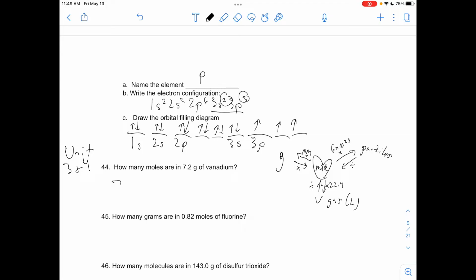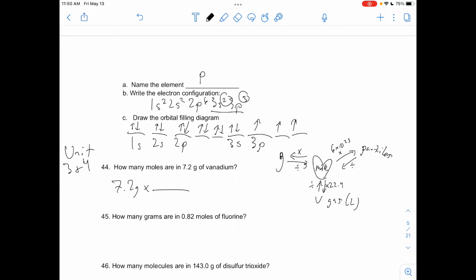So in this case, I have 7.2 grams of vanadium. I'm starting off with grams, which is here, and I want to get moles. Actually I have it backwards here. Whoops.